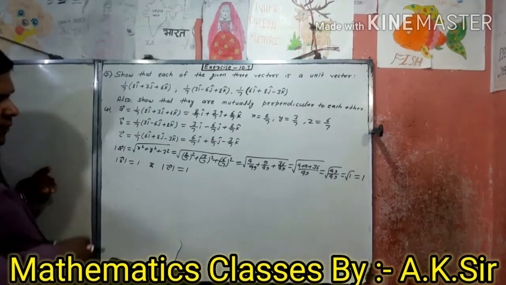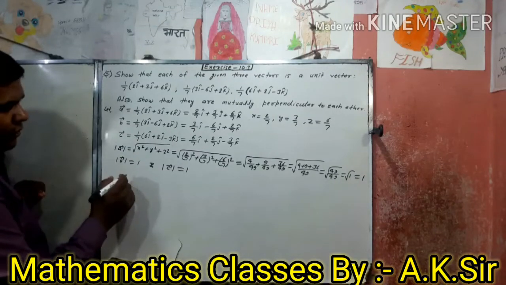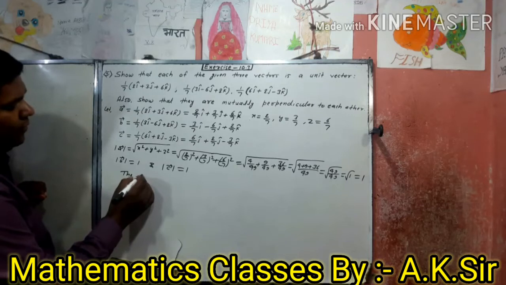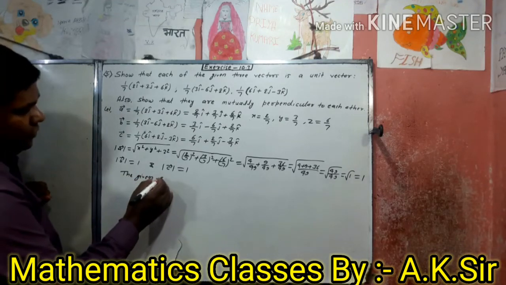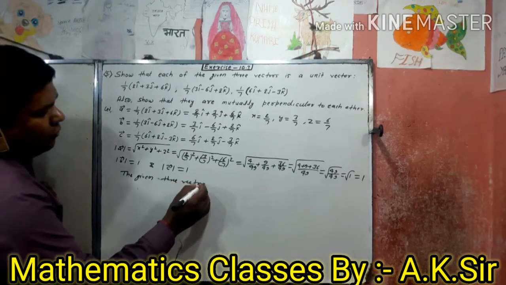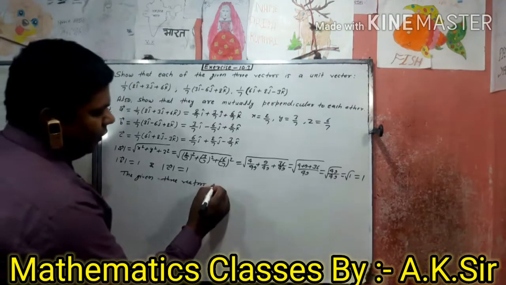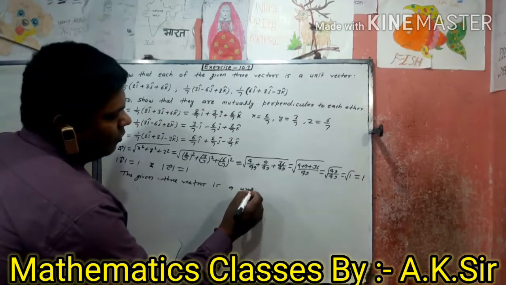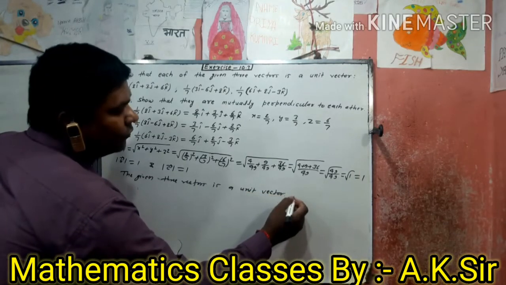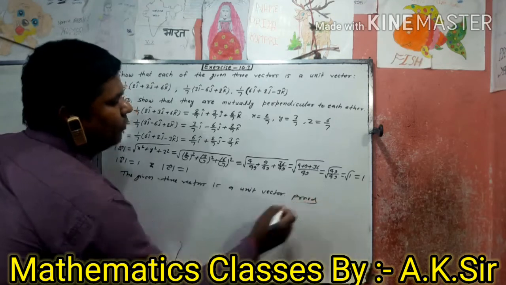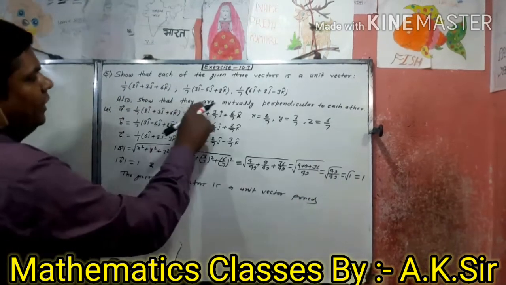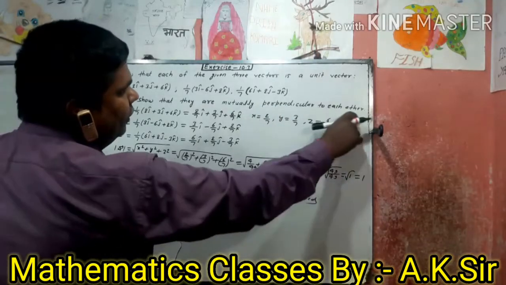Then after that you will write the given 3 vectors are unit vectors. Proved. Here, second part: also show that they are mutually perpendicular to each other.